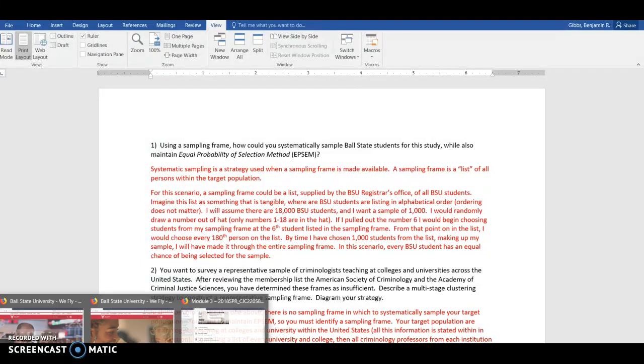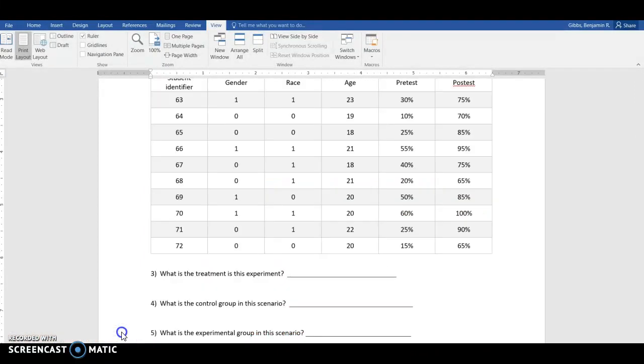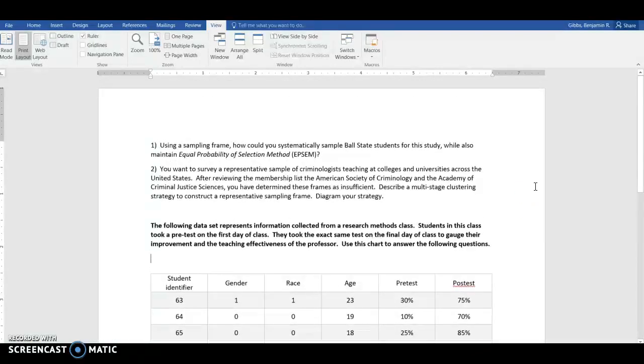The idea of equal probability selection method, and I'm going to switch this over, is that when you begin your sampling process, you want everyone within your target population who you're going to study to have an equal chance of being selected at random. So here we are, our target population is Ball State students.